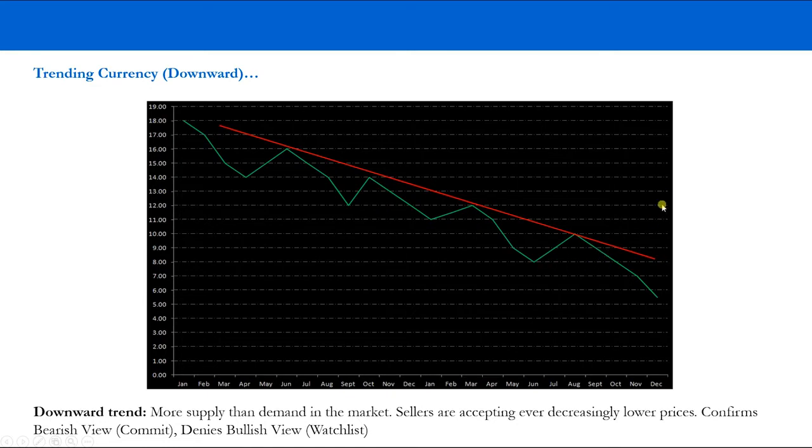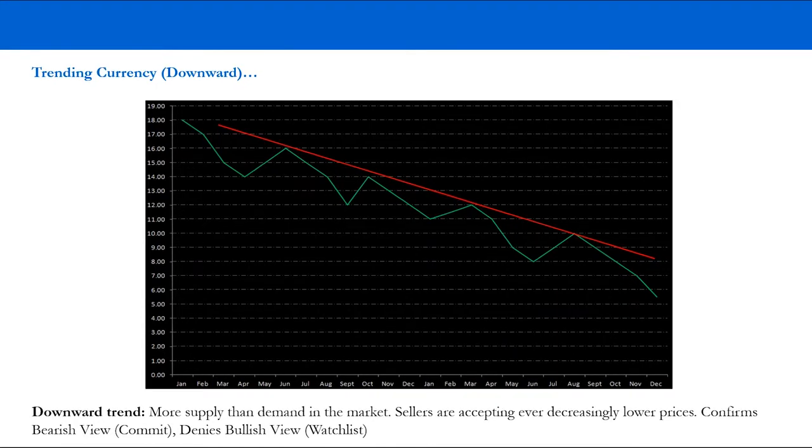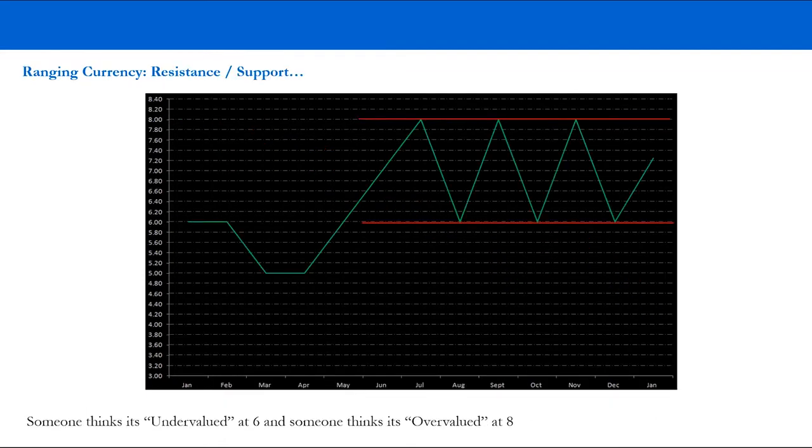So we have a breakout of the well-defined downward trend, and then you will get a green light, in terms of better timing, to put on your fundamental bullish position. So that basically gives us a full overview of trending upwards and downwards currency pairs.